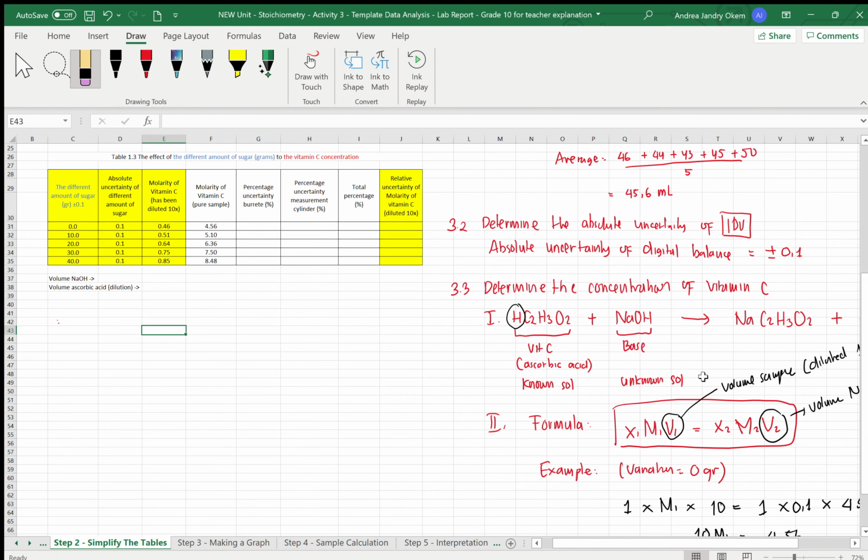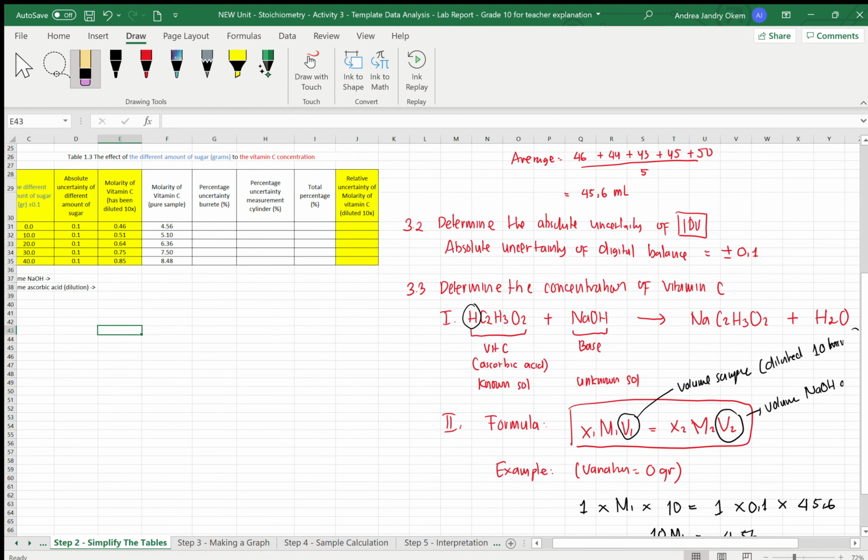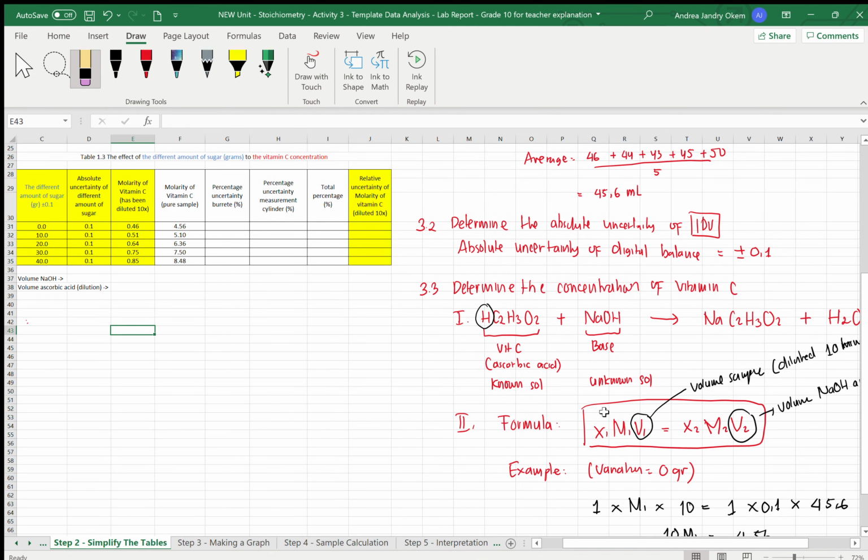Now take a look. When we use this formula, x1 times m1 times v1 equals x2 times m2 times v2, we can see that number 1 belongs to the ascorbic acid or sample. The tool that we use to measure the volume of the sample is the measuring cylinder.